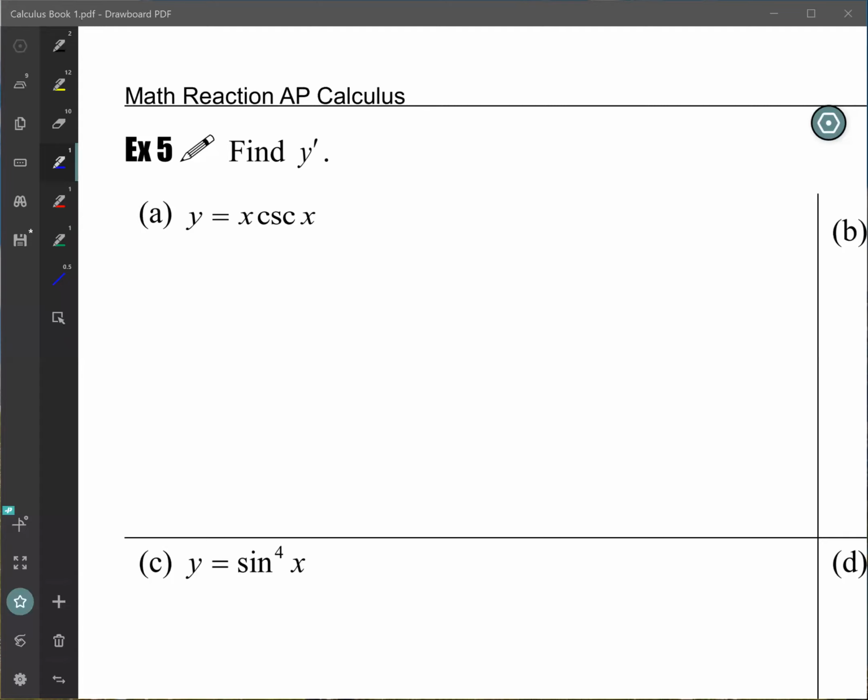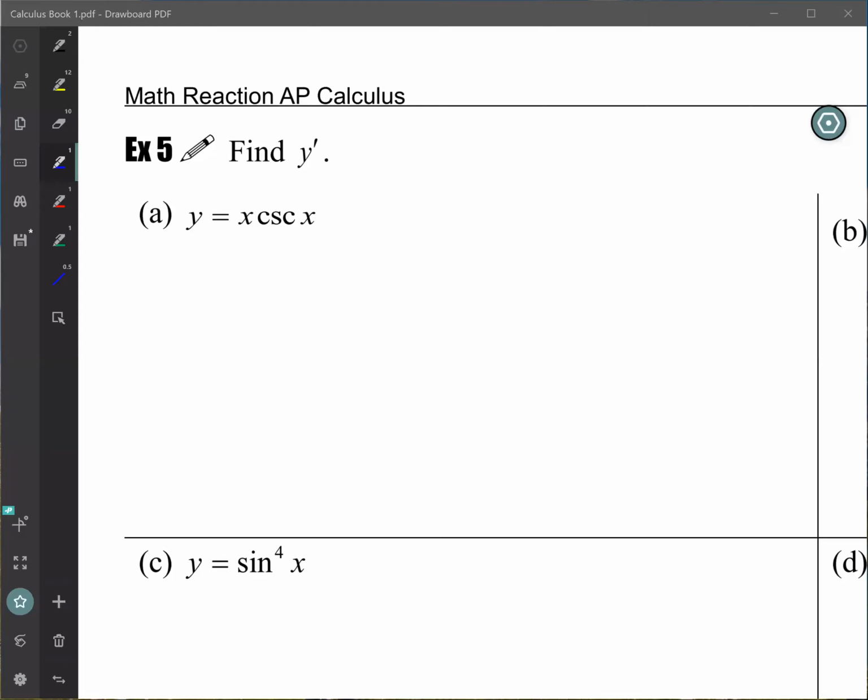Yeah. Okay. Can you say the cotangent pair one more time? Cotangent prime is negative cosecant squared, and cosecant prime is negative cosecant cotan. Yeah. Okay.